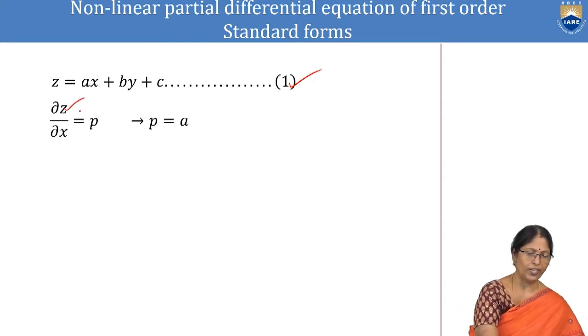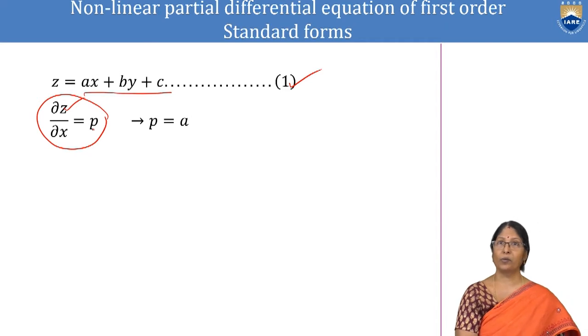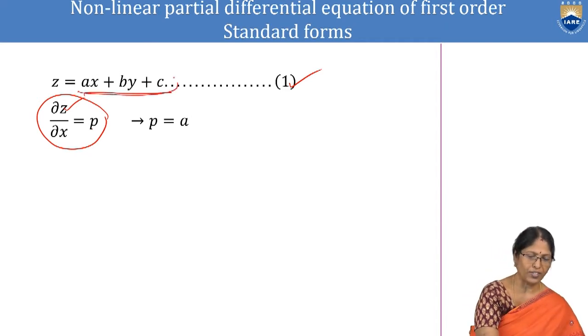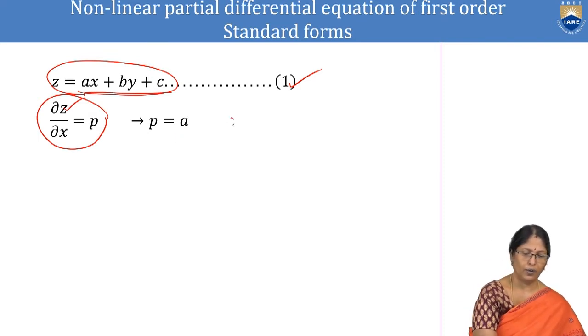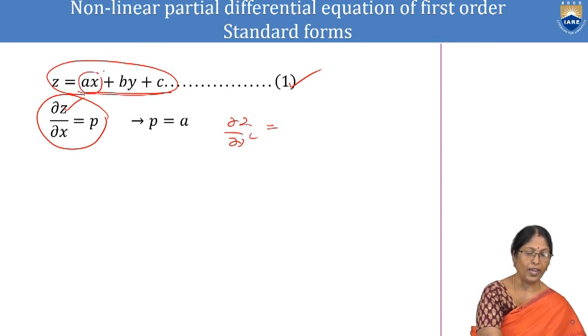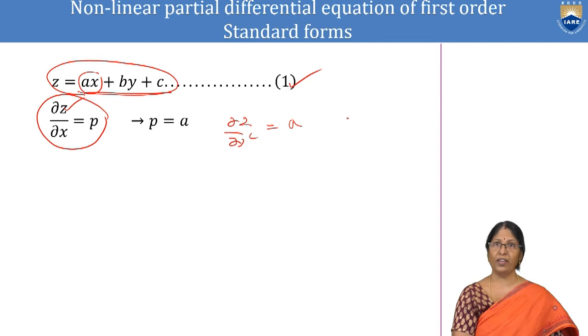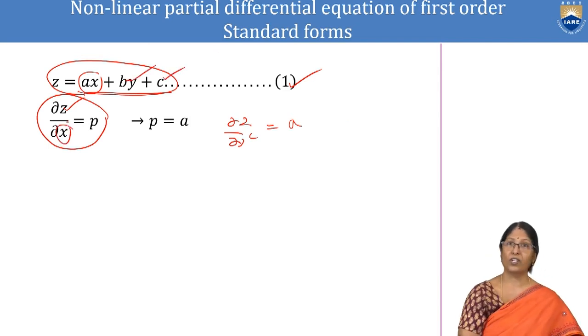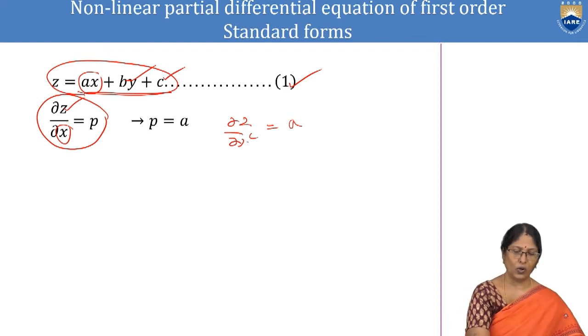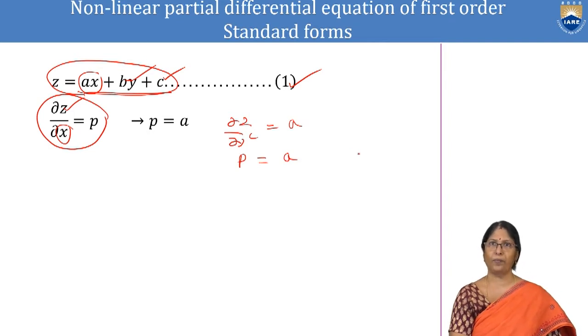Then we differentiate. Dou z by dou x, we know the notation, is nothing but p. We differentiate equation 1 with respect to x: dou z by dou x equals a. The other terms are neglected because we are concentrating only on x. So dou z by dou x, the notation p, gives p equal to a.